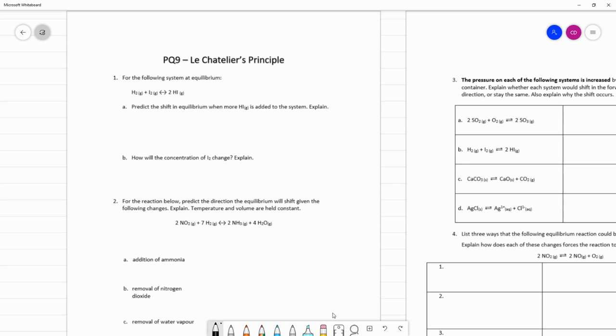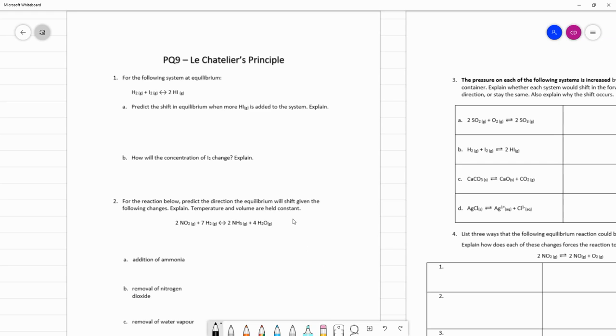So using Le Chatelier's principle is a way that chemists can exert some control over a reaction and get the maximum amount of whatever substance they so desire. So if you want more product or more reactant, you either adjust concentration or temperature or the volume of the container in order to maximize the product made.